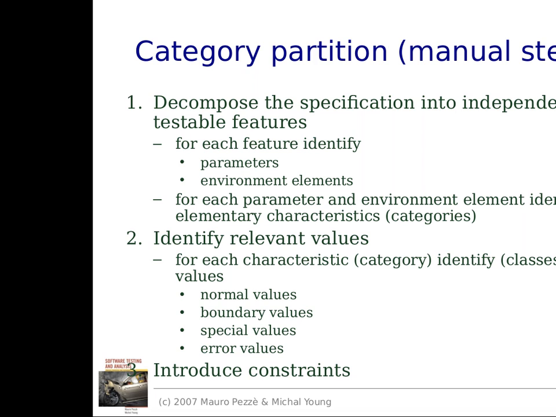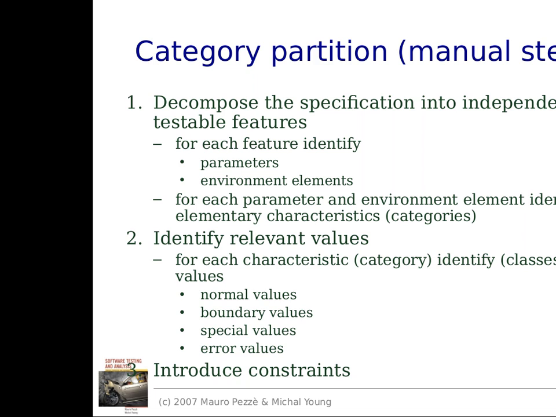So what you want to do is, once you have these parameters, you want to identify what's actually relevant values: normal values, aka a normal username; boundary values, maybe a username that's pushing to the limit or the minimum number of values; special values in case there's a special username. A good example of this would be administrator.